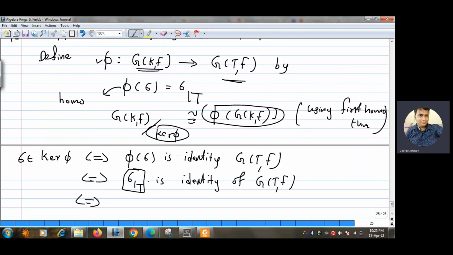That means it fixes every element of T. The definition of sigma and sigma restricted to T is the same; we are just restricting the domain. So I can say that sigma belongs to GKT, because sigma is an automorphism from K to K which fixes every element of T.